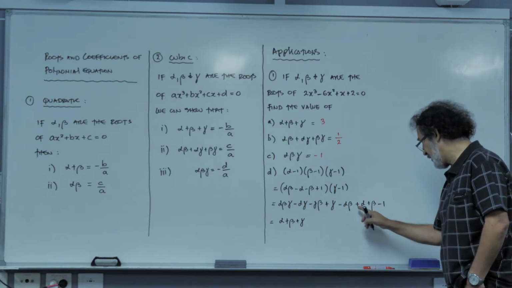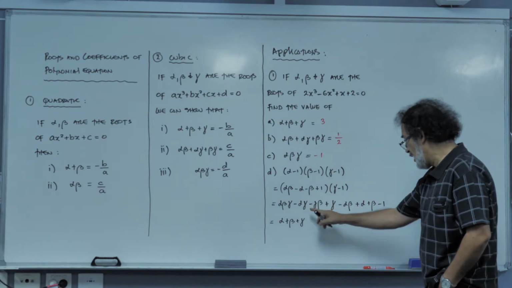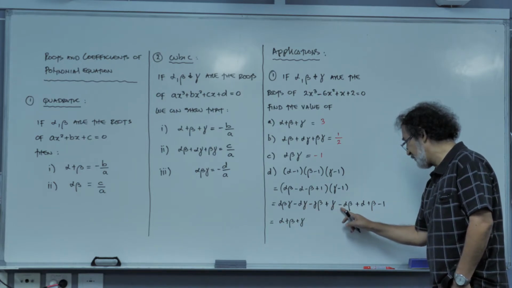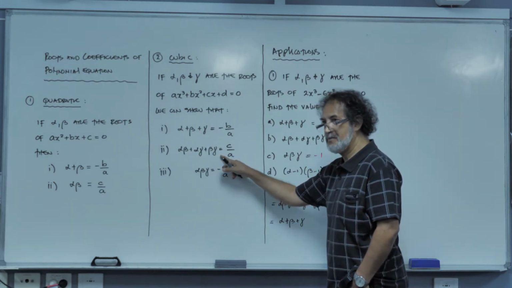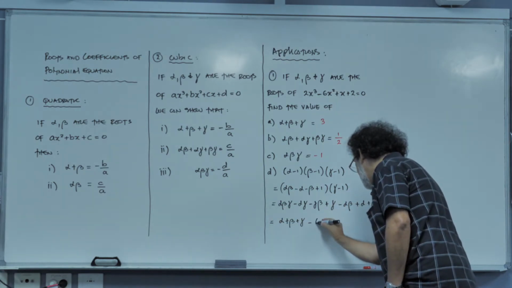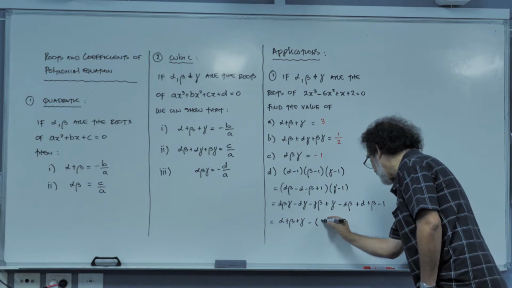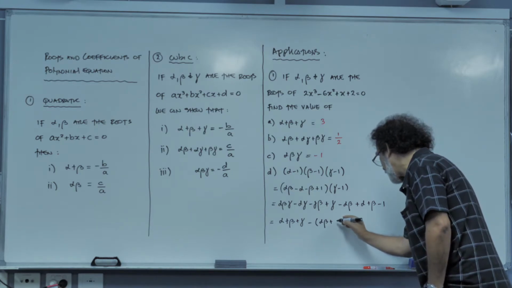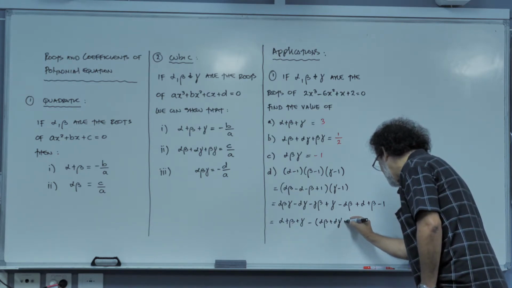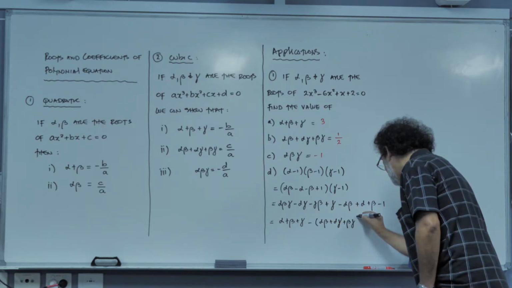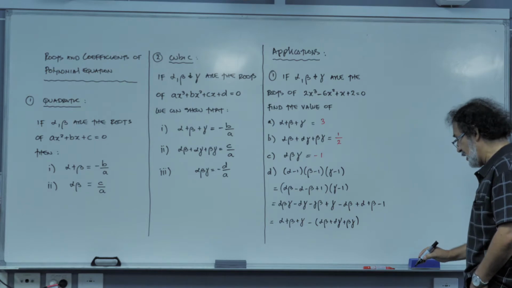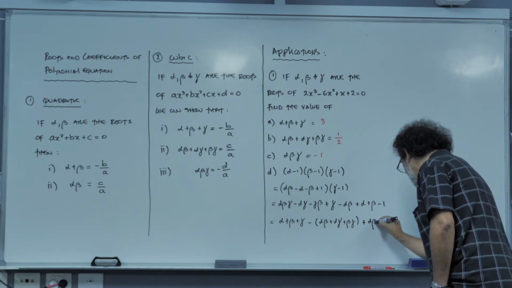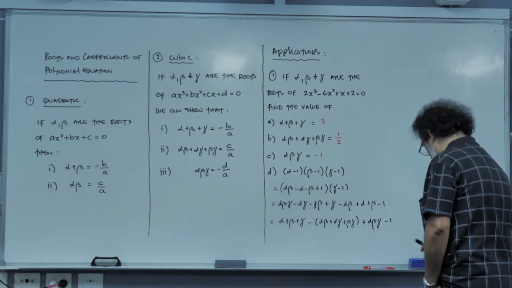And can you see that in here we have a negative, negative, and negative in front of basically that thing? So you're going to put negative as a common factor, and then we're going to have alpha beta plus alpha gamma plus beta gamma, like that. And also we have the product, alpha beta gamma, and then minus 1.